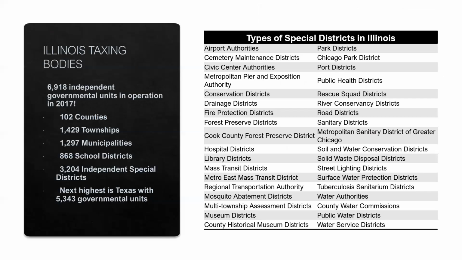But Illinois is also the king throughout the country of having special districts. I mean, by far. We've got 6,918 from the last government census, and the next highest is Texas with only 5,300. So yeah, we're king in making lots and lots of extra governments.